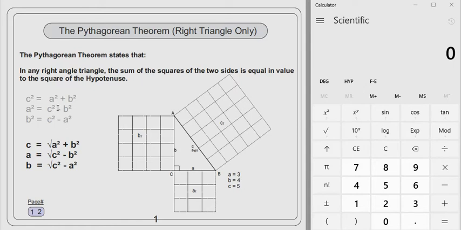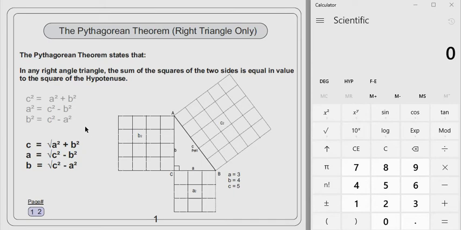So the Pythagorean formula over here tells us that the value of c squared is equal to a squared plus b squared. So these two legs squared are always equal to this one leg squared, the hypotenuse squared.